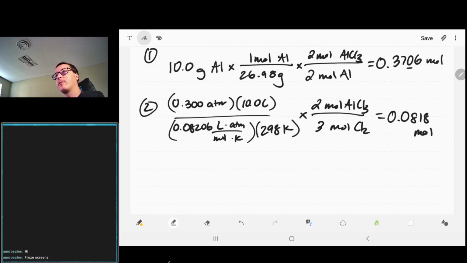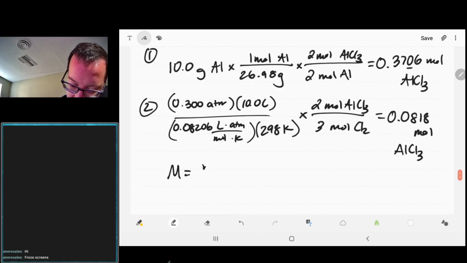Already we can see that the second one is our limiting reactant, the chlorine, but we technically have only solved for moles. If you really want, you can do the molarity of each one and you'll see that it'll still be number 2 there. If we end up getting the molarity, we know that molarity is moles per liter.